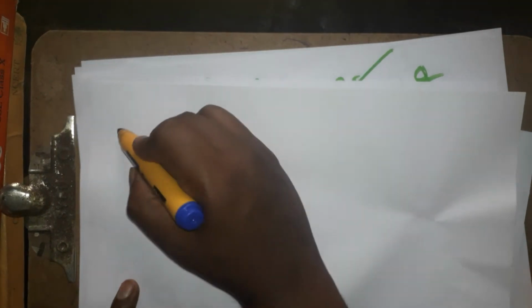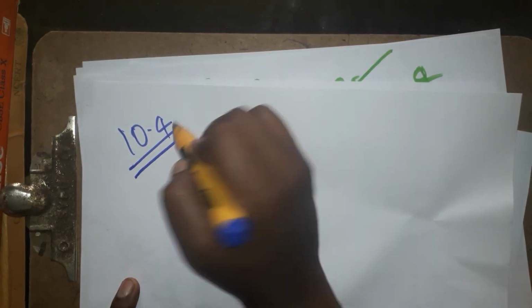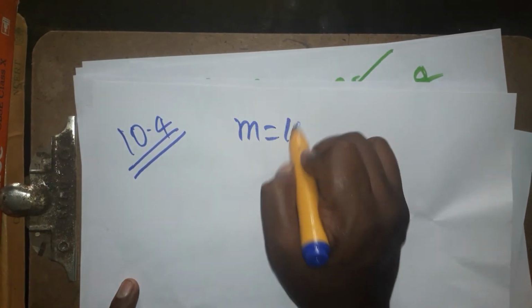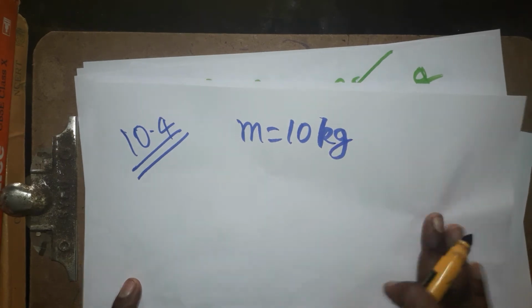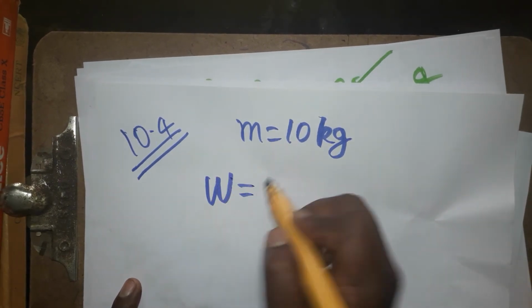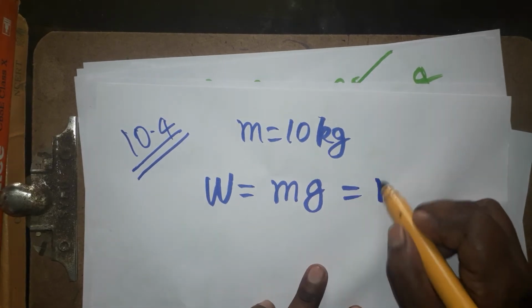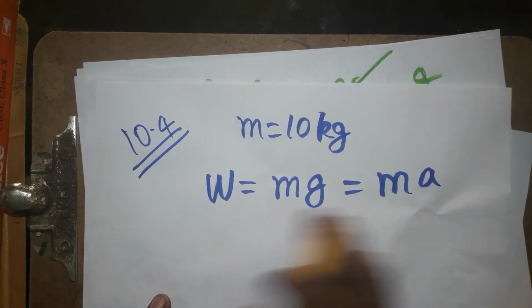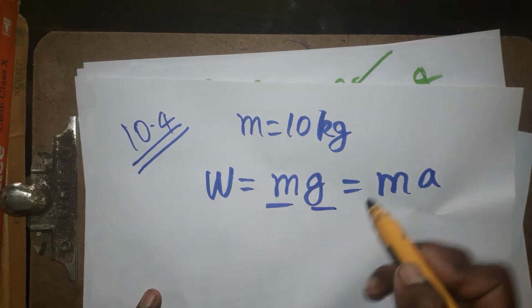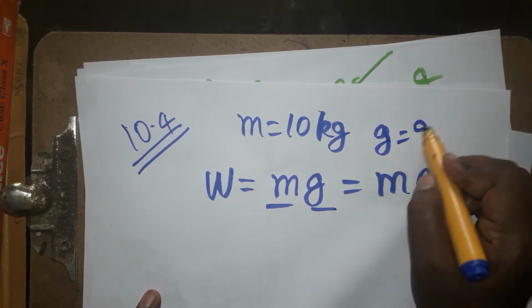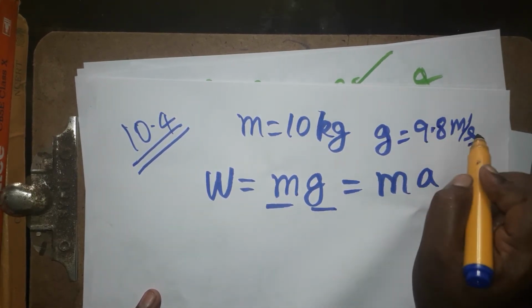10.4 is very easy. The problem is 10.4, mass is given as 10 kg. Weight is equal to how much? Weight is equal to F is equal to mg, or F is equal to ma, W is equal to mg. Same, weight is equal to force only, F is equal to mg. On the earth, g is going to be 9.8 meter per second square.